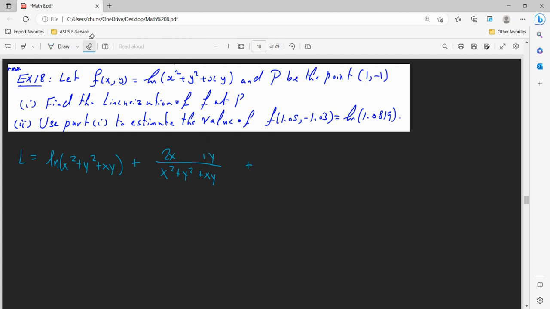Sorry, this is not supposed to be here. So x squared would be treated as a constant, so that's 0. So we have 2y plus x over x squared plus y squared plus xy. And if we plug in our original values at this point, oh, sorry, hold on. This is supposed to be delta x and delta y. Okay, so let's write this out again.